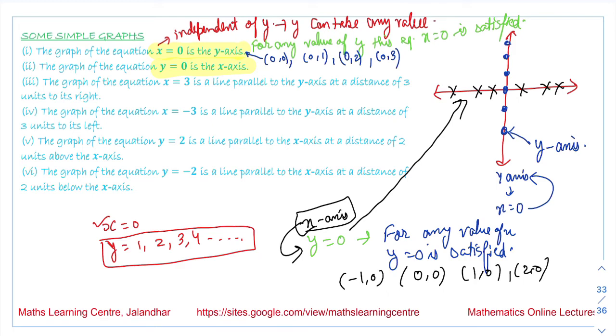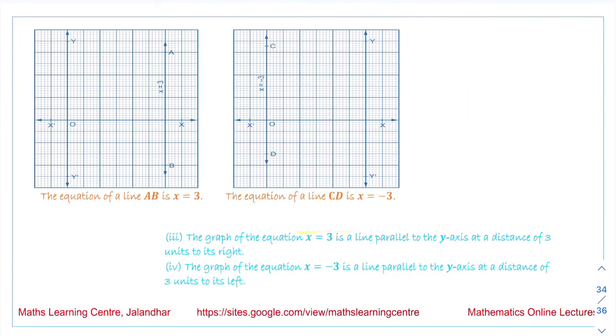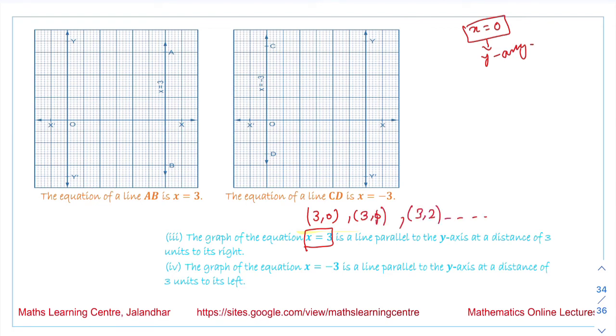Now the next thing we have to do is plot the graph of the equation x equal to 3. In the last case we talked about x equal to 0, where y can take any value. Similarly, when x is equal to 3, y can take any value. So the points will be, suppose I am writing (3, 0), y can take value 1, y can take value 2, and so on.